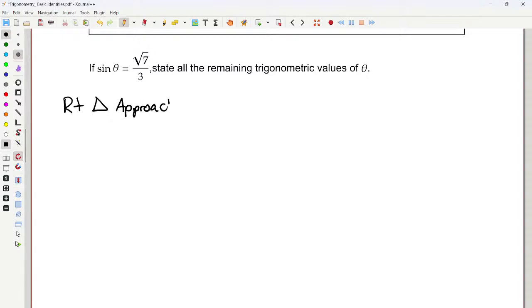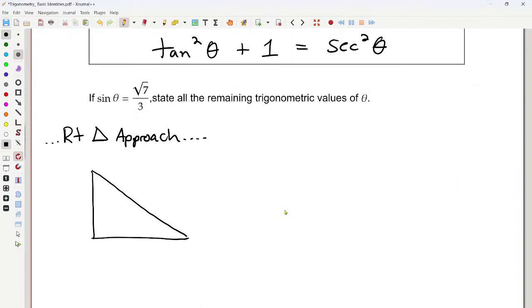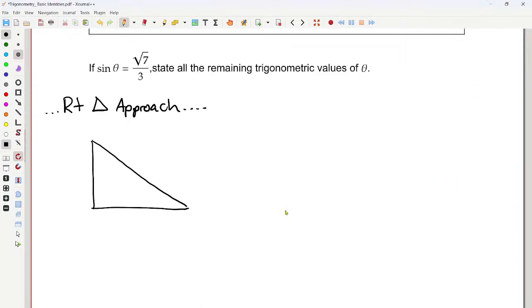I'm not going to finish it this way because I'll tell you why in a minute, all right? So you literally say, all right, let's draw a right triangle. Kind of like this question up here. And we know what sine means, or no matter, I could have given cosine or tangent. We know what it means. It means opposite over hypotenuse.